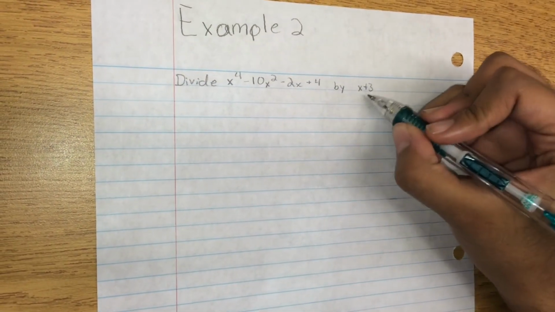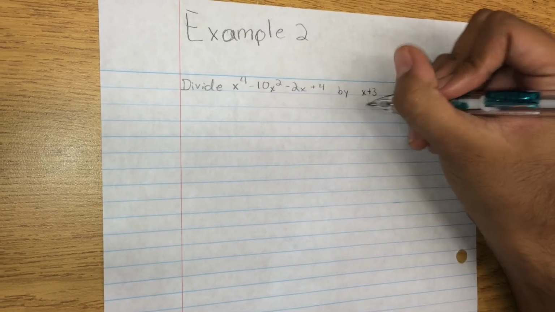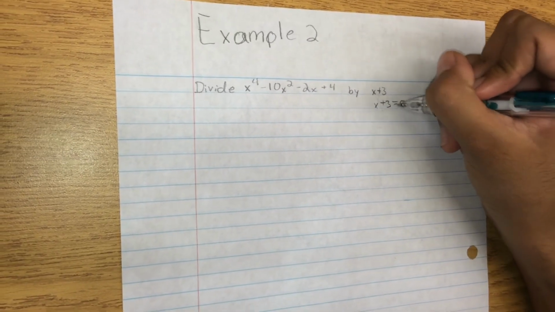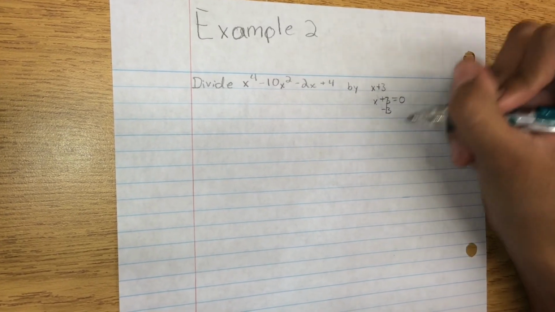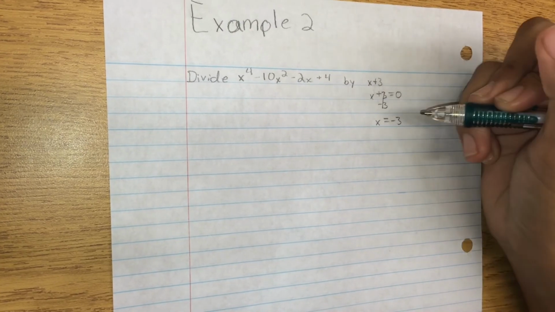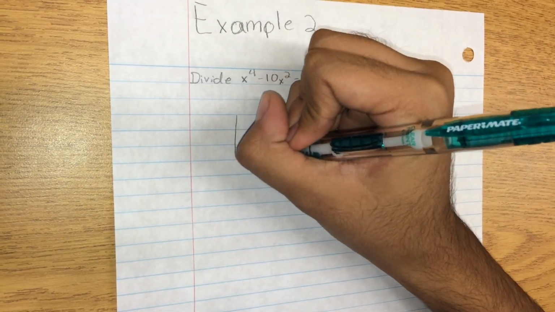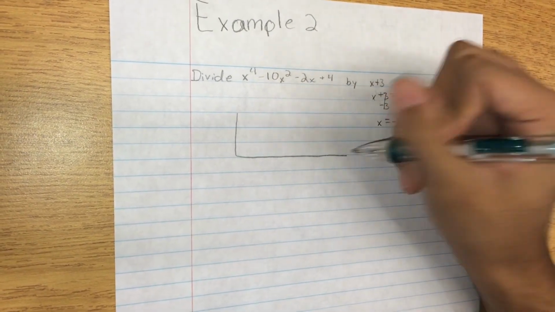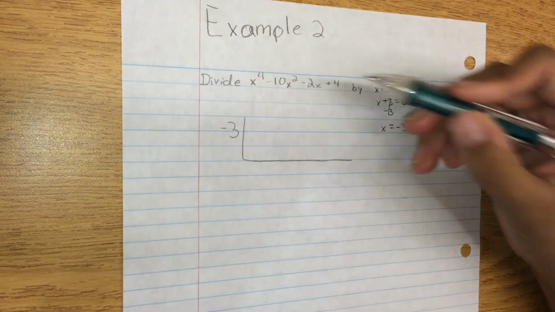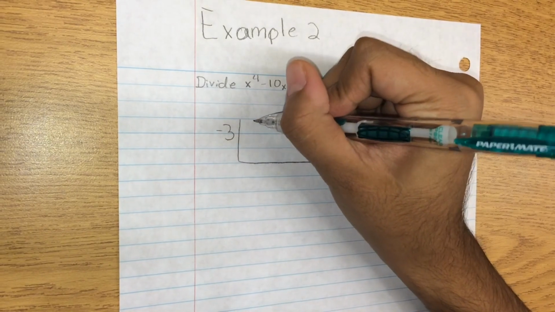Again, you are going to start by setting your divisor equal to 0. This is going to give you the number outside of the brackets, right there. We are going to bring down the coefficients.